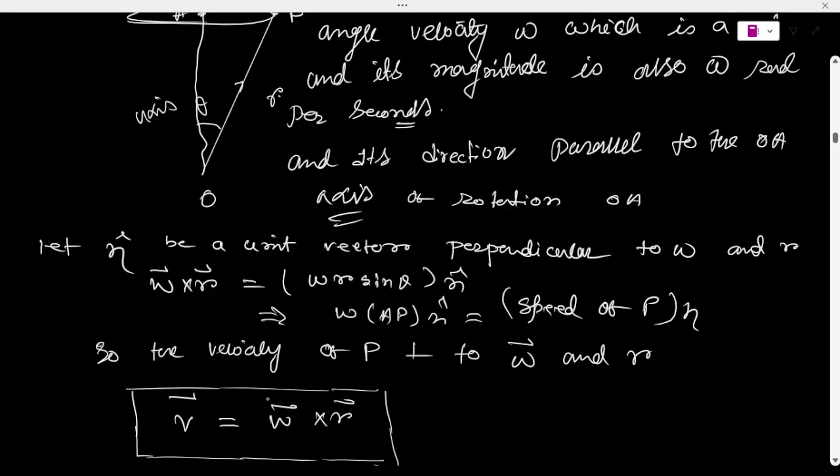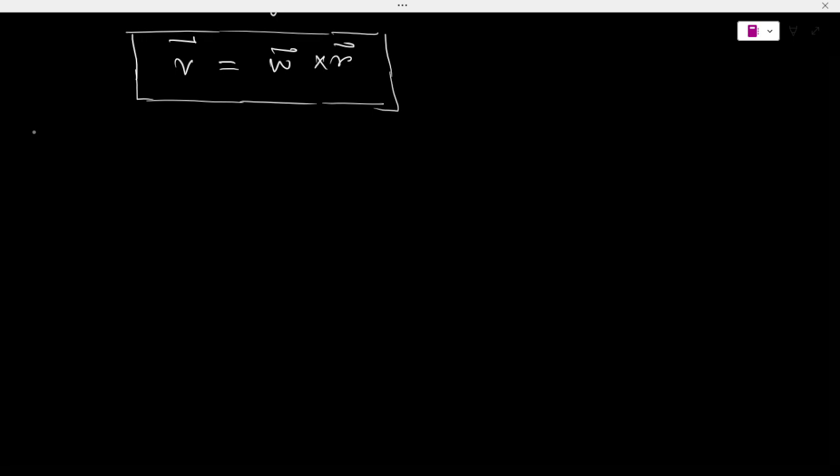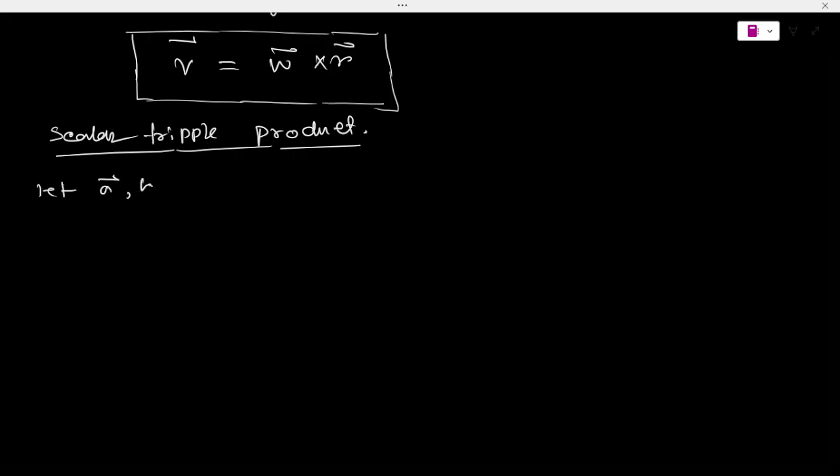Okay, and after that, scalar triple product, a very enjoyable topic. Let a, b and c be three vectors.